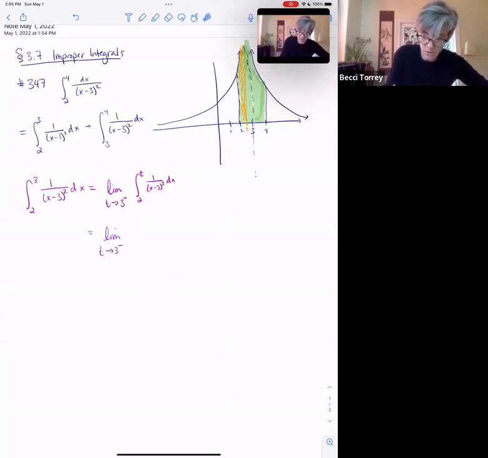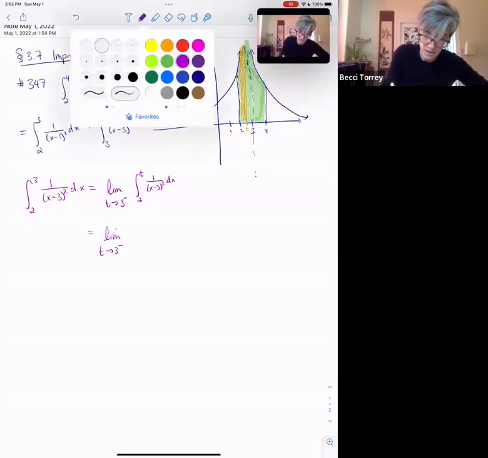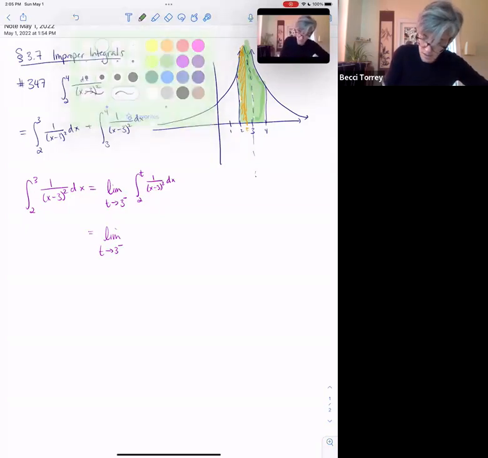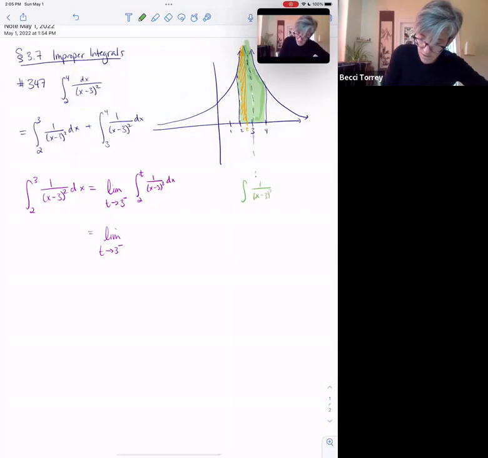And now we have to compute this integral just like we would any other integral. So this is like a 1 over u squared. If you want, you can go off and compute it on the side. We're taking the integral of 1 over (x minus 3) squared dx, which you can rewrite as the integral of (x minus 3) to the minus 2 dx.